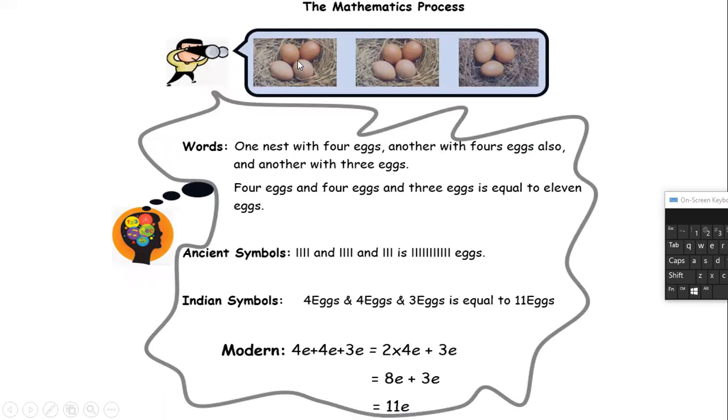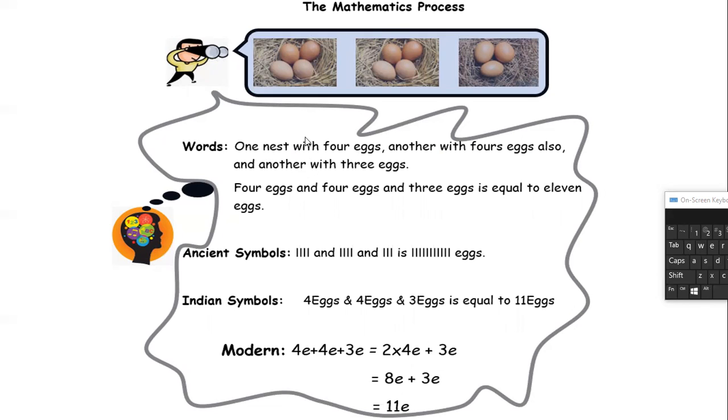Here you can view mathematics in terms of a process. So first you start with the real. For example, you may see that in a real setting. I'm not saying anything yet, I'm just telling you the picture that you see. And then these words will come into your mind.